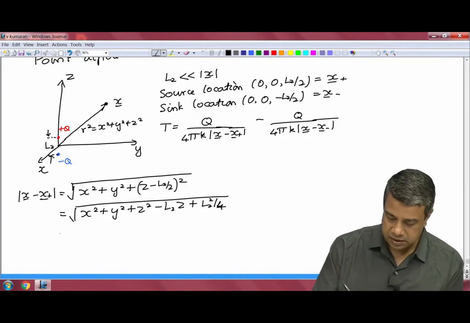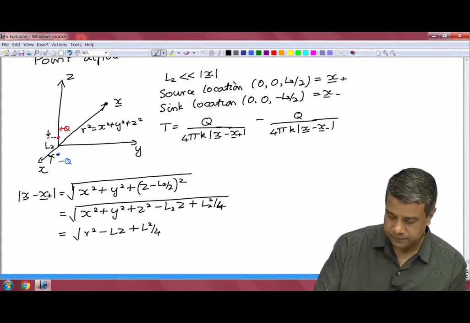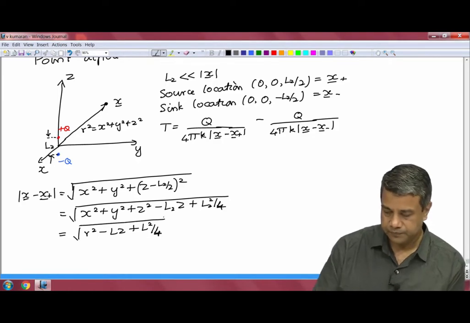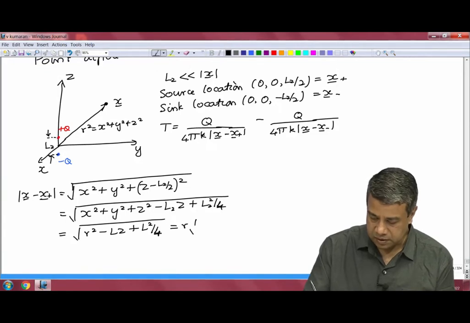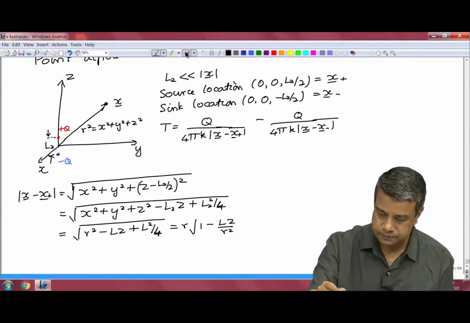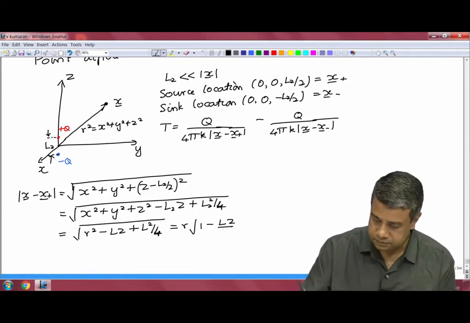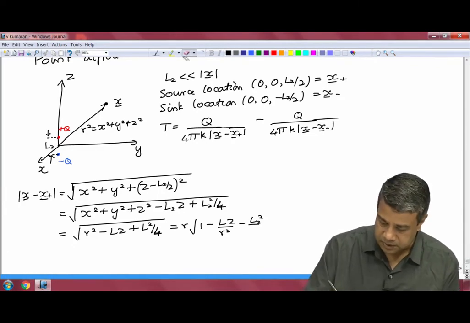So, I can write this as the square root of r square minus L z plus L square by 4. Take a common factor of r outside: 1 minus L z by r square minus L square by 4, I should put L z everywhere.